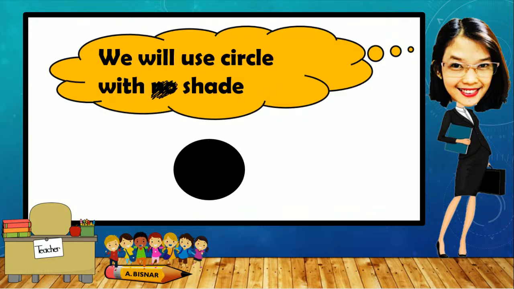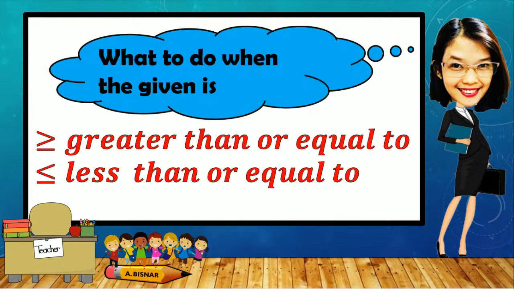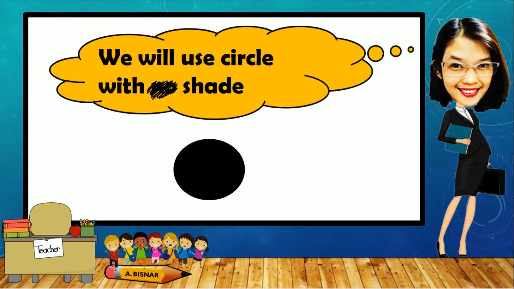Again, if the given is greater than or equal to, o kaya naman less than or equal to, ang gagamitan naman natin ay may shade. Kanina, tandaan, no shade, kasi hindi sila kasama sa solution. Ngayon naman, with shade kasi kasama sila sa solution.